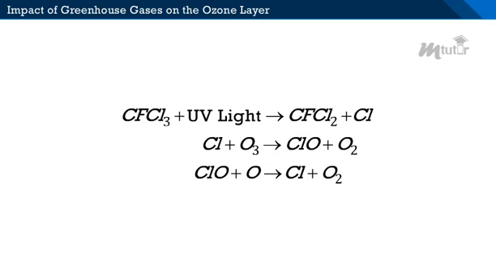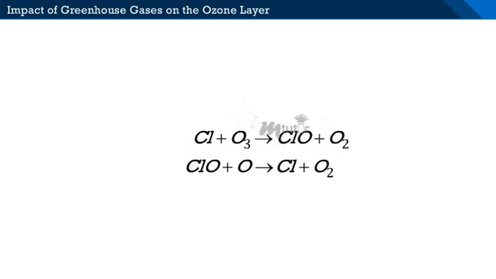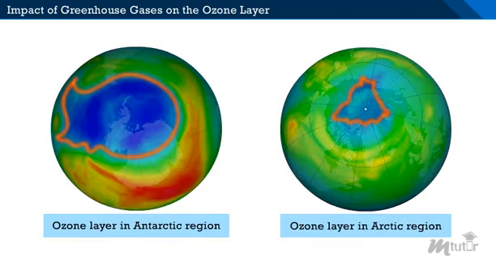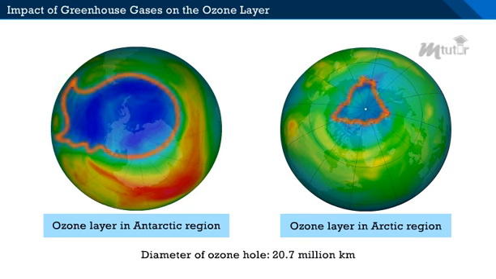Reactions on the surface of icy cloud particles convert chlorine from chemical compounds like CFCs into a form that reacts with ozone. Furthermore, chlorine begins to deplete ozone by removing an oxygen atom, resulting in ozone depletion. The depletion is most visible in the polar regions, which span over 20.7 million kilometers.